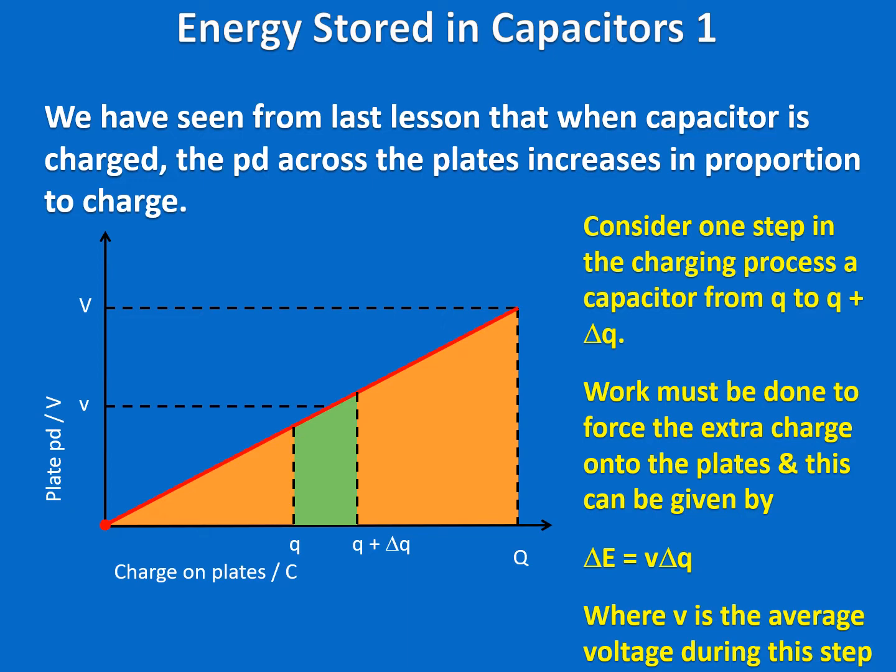If we want to consider the total energy from 0 to Q, then we'd have to consider the triangle. So the total energy would be half times the charge multiplied by the voltage for that complete area under the graph.